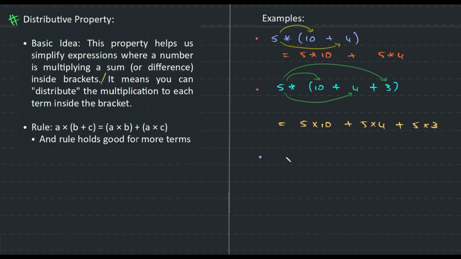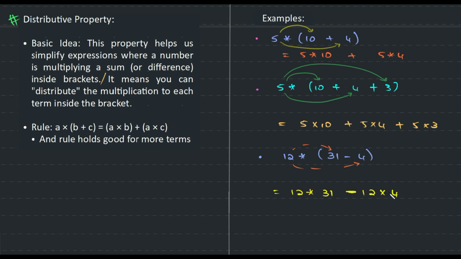Some of you might be thinking, what if there is a negative term? So let me take 12 times of 31 minus 4, something like this. Here too, we are looking at 12 multiplying both these numbers. So this is 12 times of 31. This is minus 4, so minus of 12 times of 4.